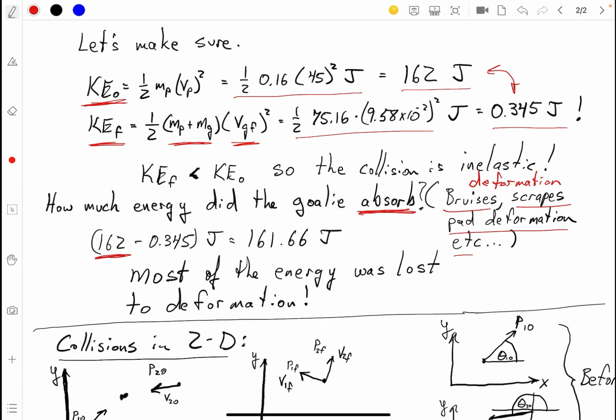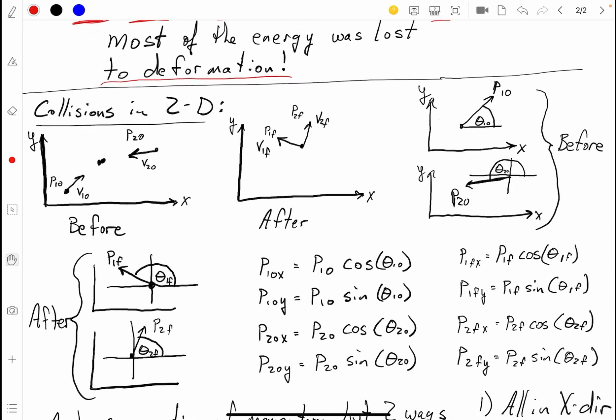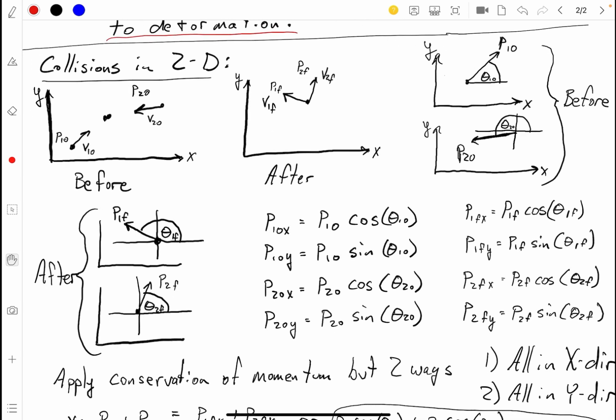So 162 going in, this much at the end. That means this much energy was lost, and that was most of the energy, and it was lost to deformation. Okay, so most of the energy was lost in this case to the deformation of most likely the goalie. The puck didn't get deformed, that's for sure. So we have a deformed goalie at the end of that.